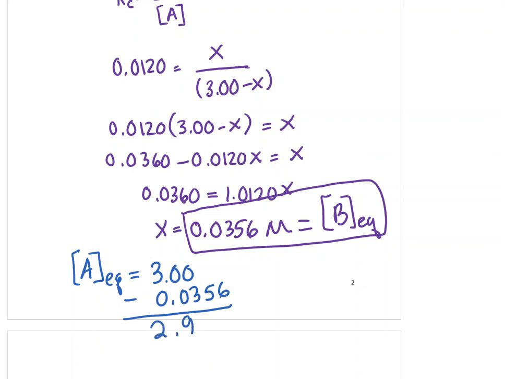I've already cut this off. But because the 3 only went 2 past the decimal, it doesn't make any sense that we would go any more past, because this original concentration, we didn't know what numbers were out here, so it doesn't make sense that we would have numbers out here. So when you're determining concentrations at the end, if you had a starting concentration, use the add and subtract rule to get it.